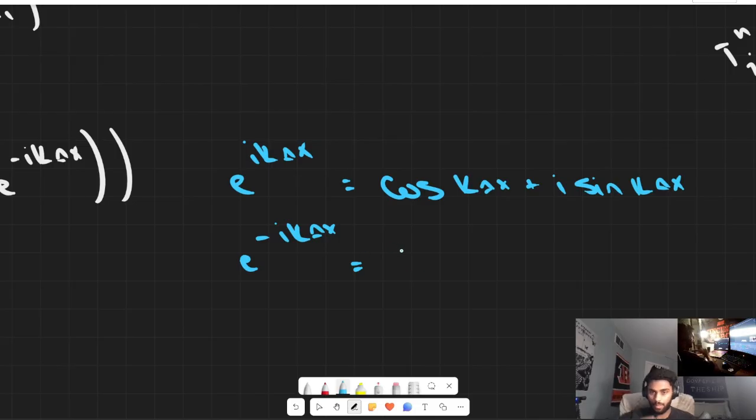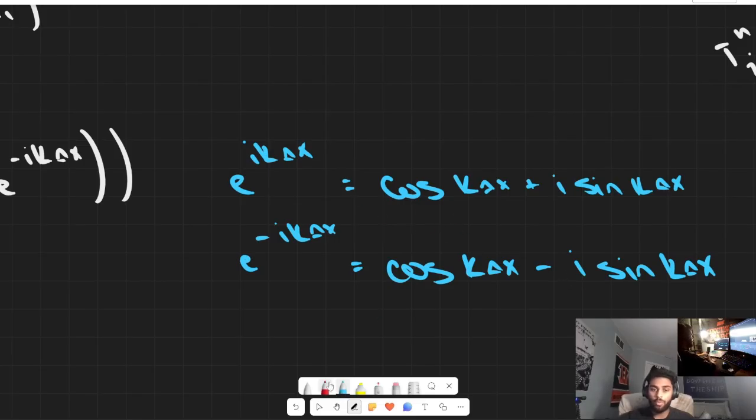For e to the minus ik delta x, this minus kind of carries over into this k delta x over here. And so what we get, our cosine will stay like this, but what will end up happening is this sign will get flipped because we take the minus out into here.